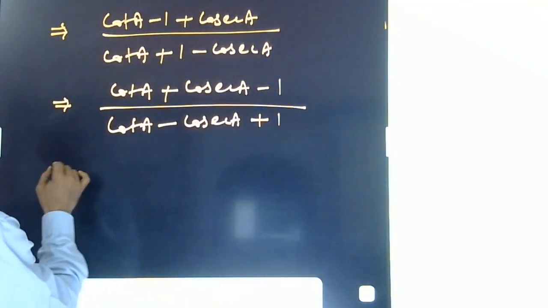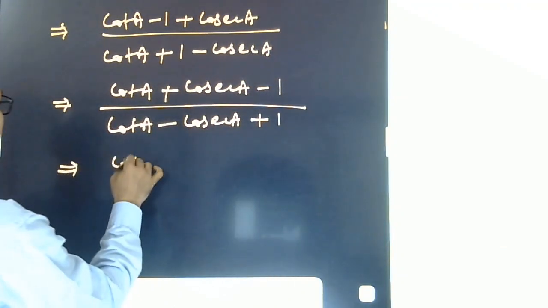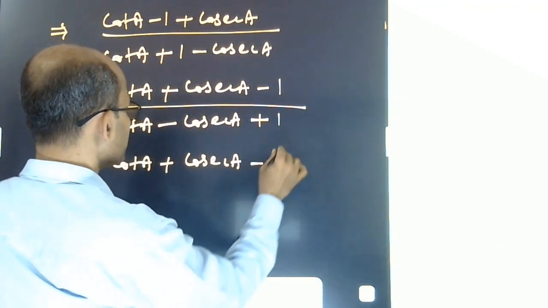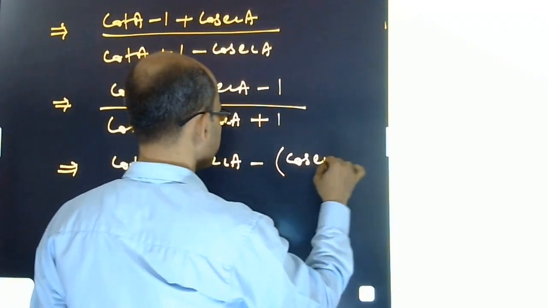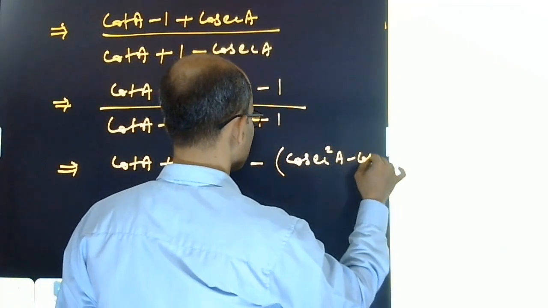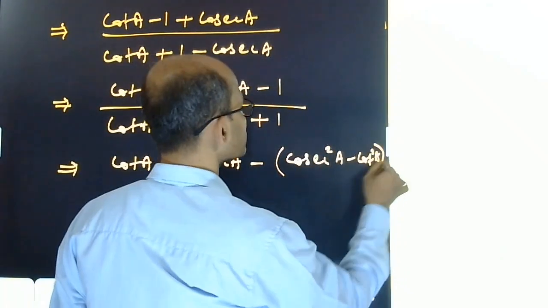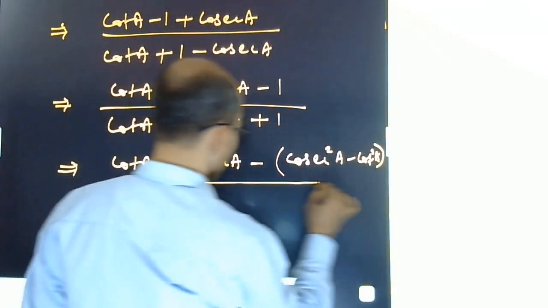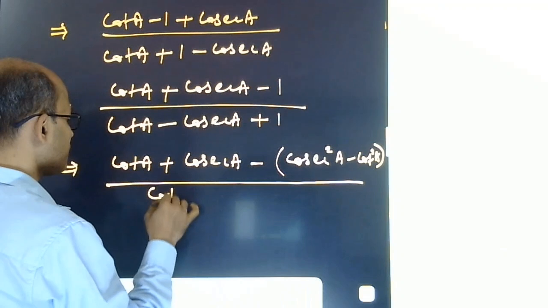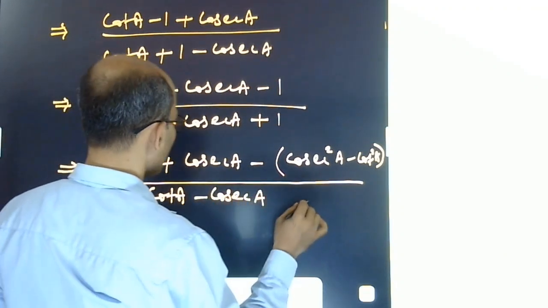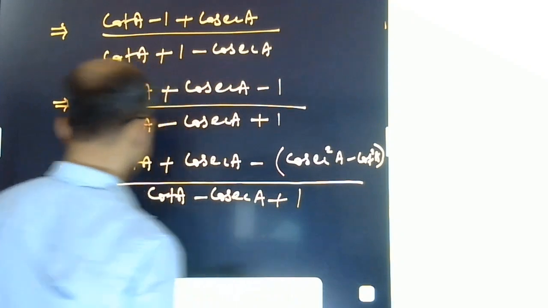So what it is giving actually, cot a plus cosec a minus cosec square a minus cot square a. Again, the denominator will remain the same, that is cot a minus cosec a plus 1.